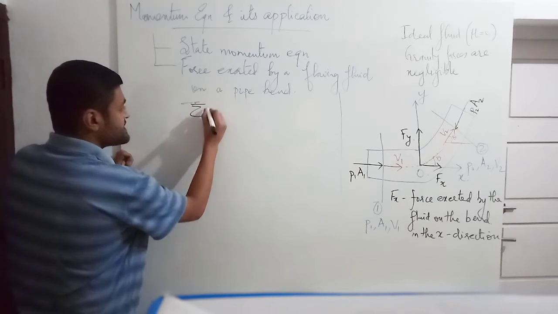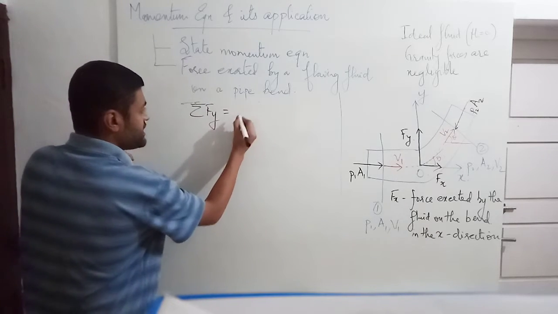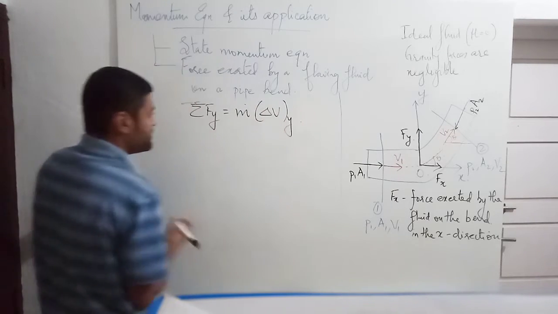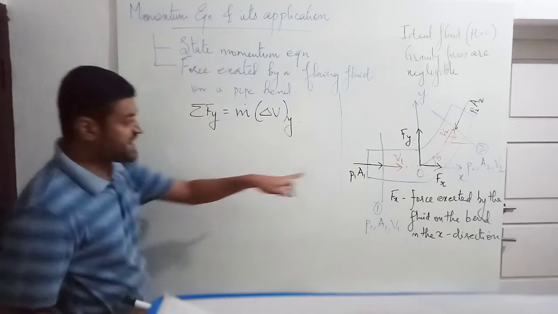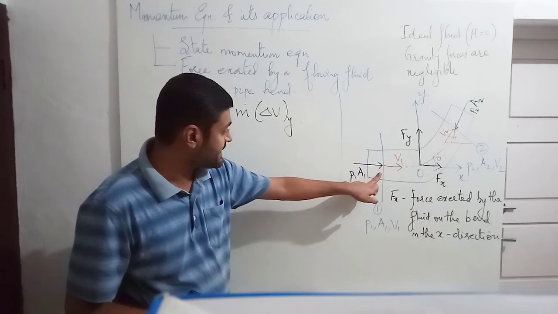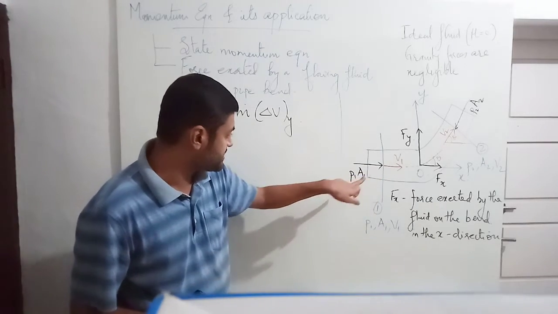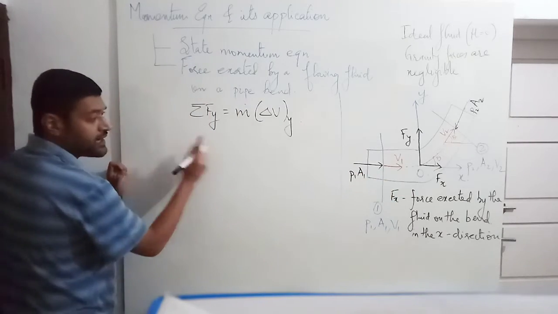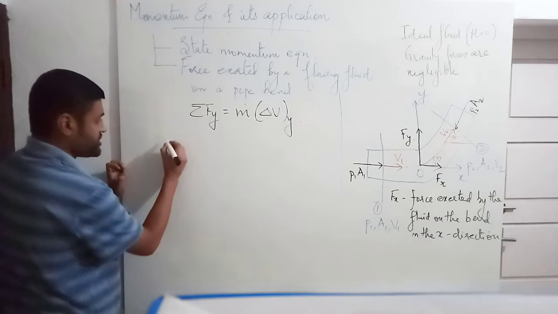Now again I will write summation of forces in the y direction is equal to m dot delta v in the y direction. So at section 1, what is the value of the force acting in the y direction? There is no force. The only force is P1 A1, and that is acting in the x direction. So the force acting at section 1 in the y direction is 0.